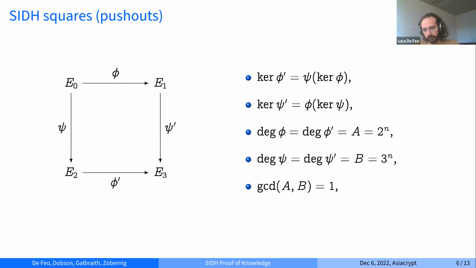There's a typo there: it doesn't have to be the same power of 2 and 3, it could be 2^n, 3^m. You can think of them as being powers of some small prime, but all that I'm going to say works more generally, at least the basic principle. Then implementing it is a bit different, maybe. As long as the degrees A and B are co-prime, everything works.